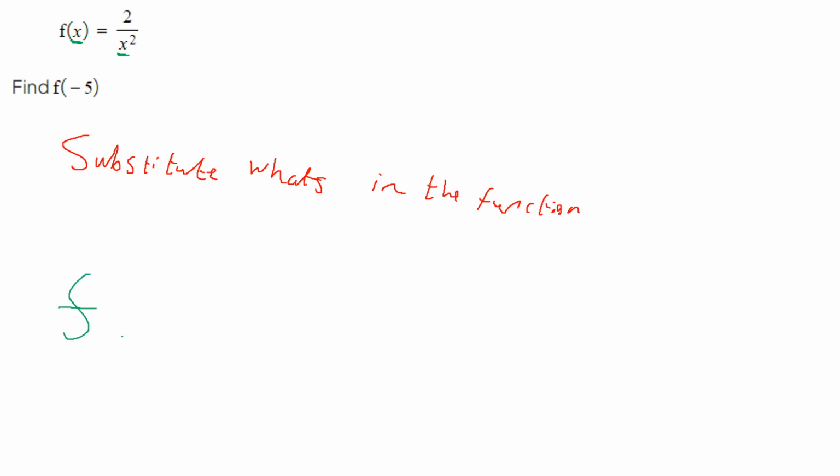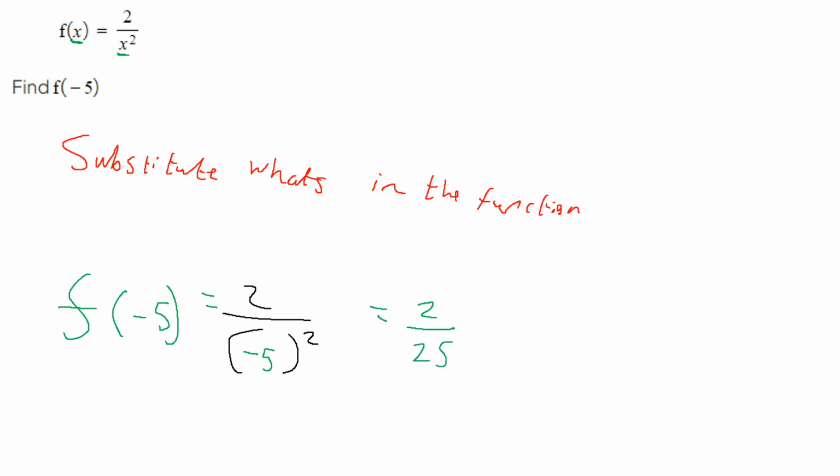So f of minus 5 is just going to be 2 divided by, and this time we put in brackets, minus 5 squared. So instead of an x being here, it's minus 5. So the answer is 2 over 25.